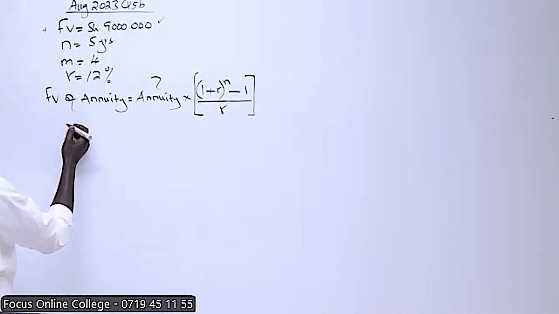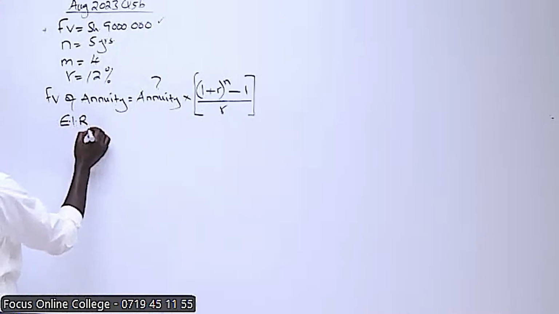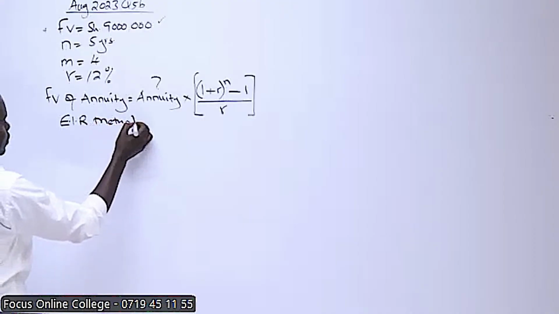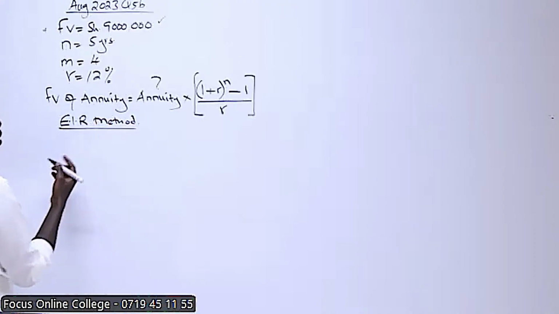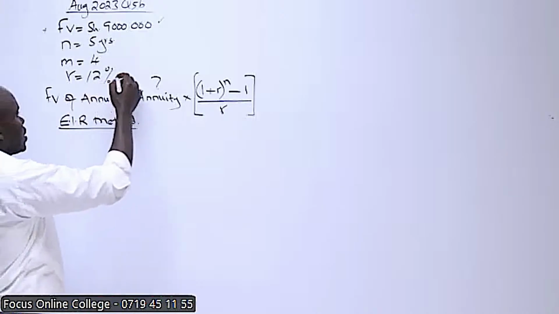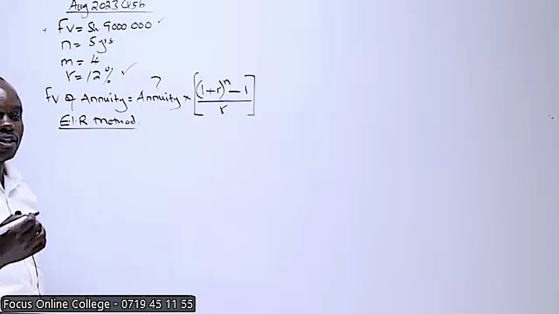We will start with the effective interest rate method, whereby we are supposed to adjust the interest rates to reflect quarterly compounding. This 12% we are calling the nominal interest rate.